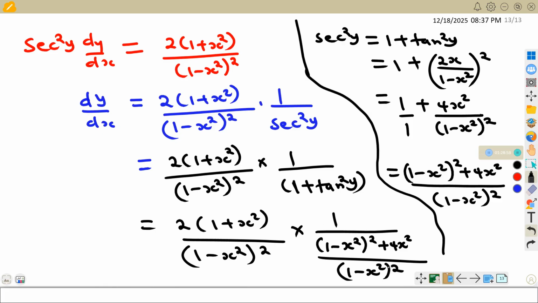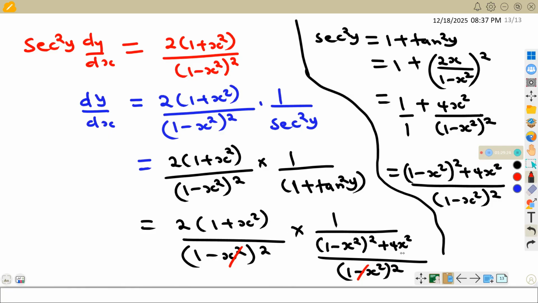So when you look at this, you realize that this expression which is here, this one and this one will be cancelling. Is that okay? Yes. So if these two cancel, then we shall remain with this one and this one. So that is what we shall remain with.